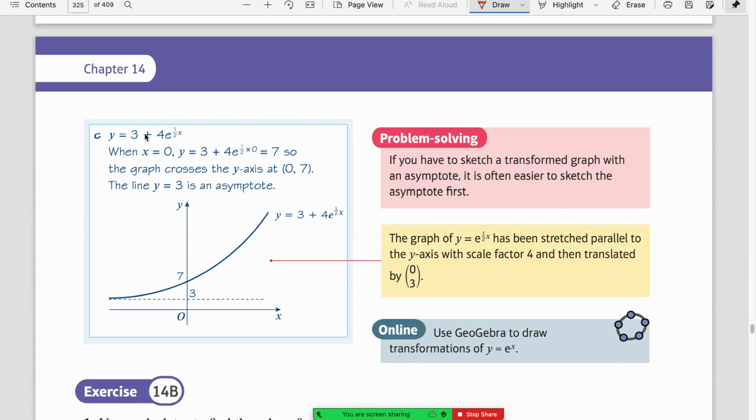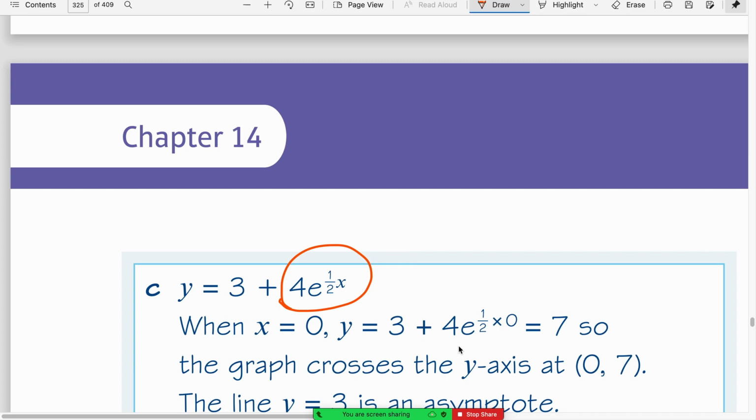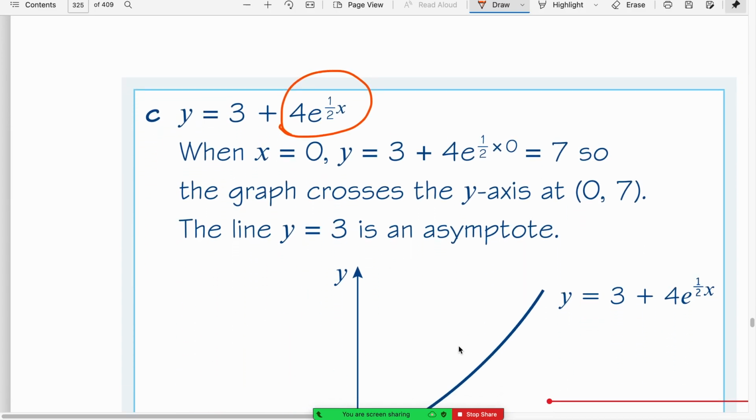Now see this graph. Y is equal to 3 plus 4e raised to power 1 by 2 x. So whatever you do, we can expect this value to change by changing x, right? But this section will never change. For example, I keep on increasing the value of x and I see what the variation is. Then I keep on decreasing and I see what the variation is.